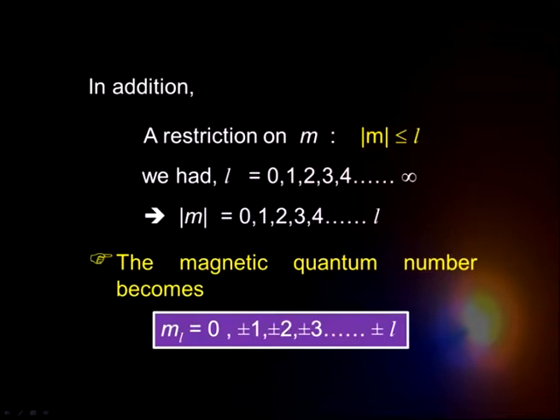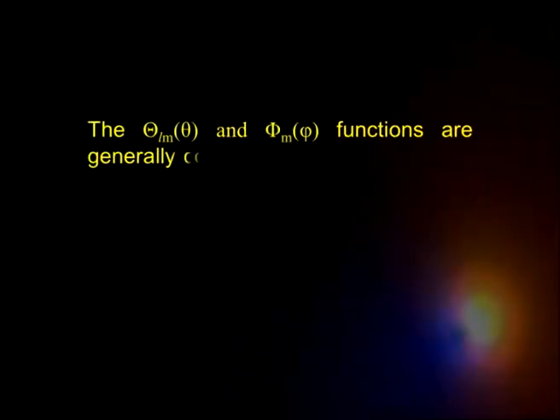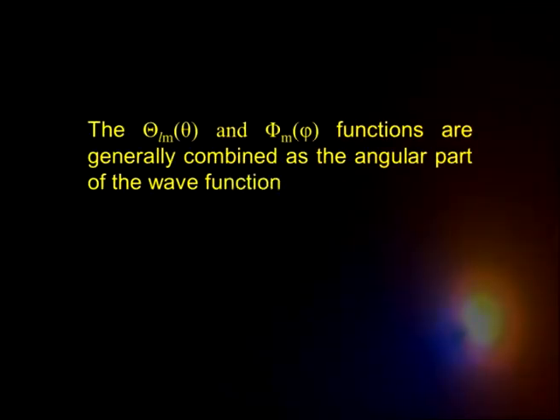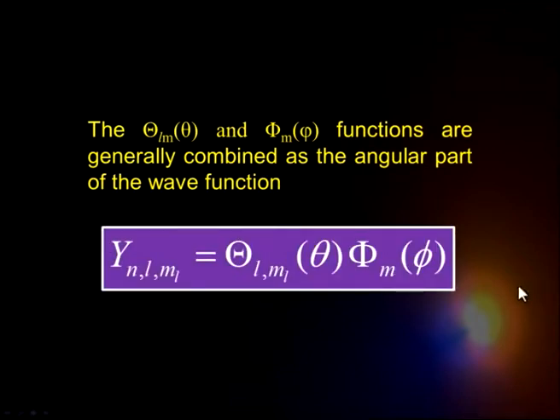Okay, so we got the phi equation solved, and the theta equation's result we have seen. Typically, both the theta equation and the phi equation involve some kind of angular component, and normally we club these two together. Their wave functions are clubbed together and called the angular part of the total wave function, because our wave function psi is a function of r, theta, phi.